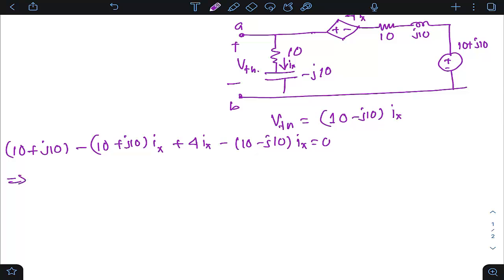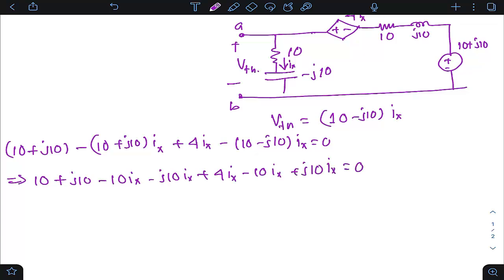If we simplify this, you get 10 plus J10 minus 10Ix minus J10Ix plus 4Ix minus 10Ix plus J10Ix equals 0. Minus J10Ix and plus J10Ix cancel out. So how much is left then?